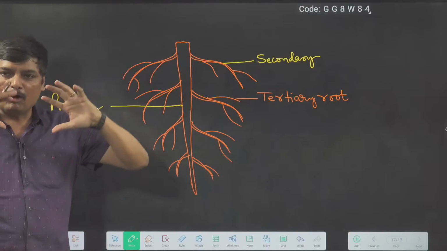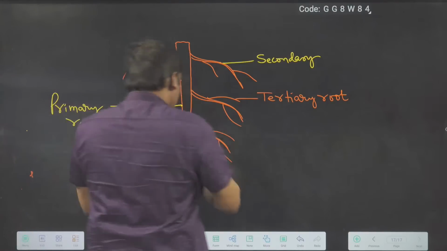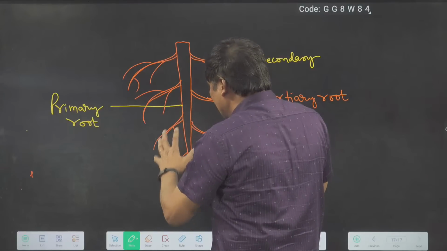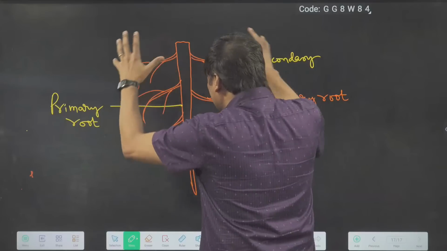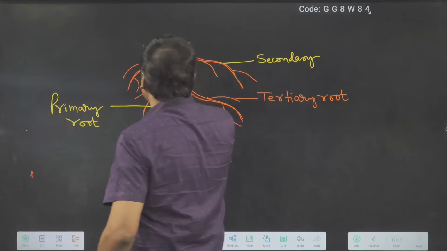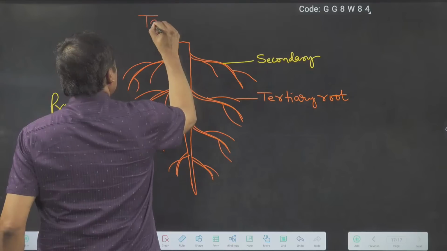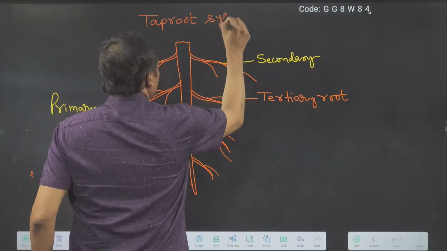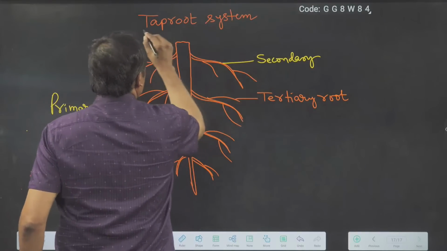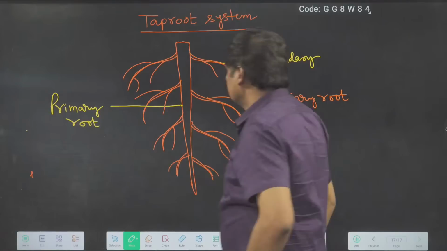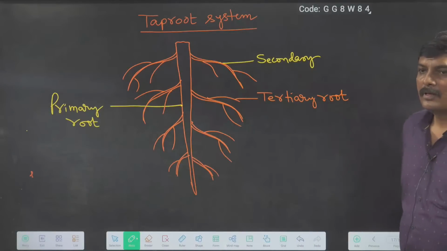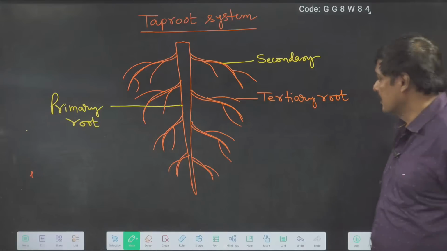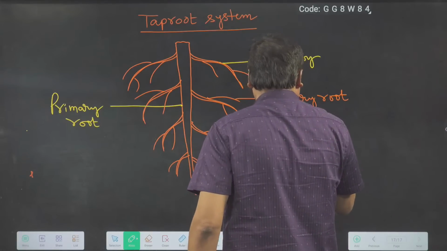All these primary root, secondary roots, tertiary roots, and rootlets totally constitute what is known as tap root system. This is commonly seen in dicots.